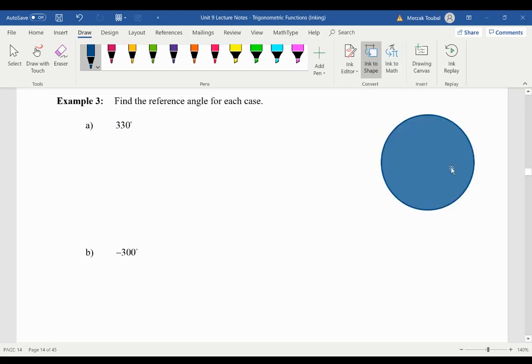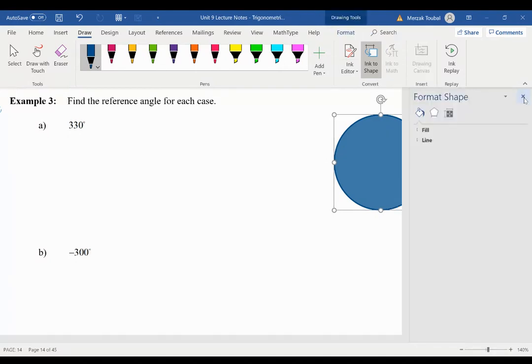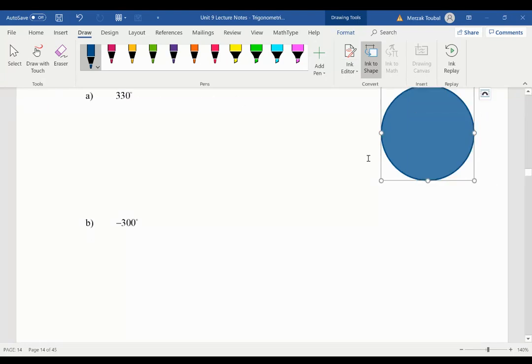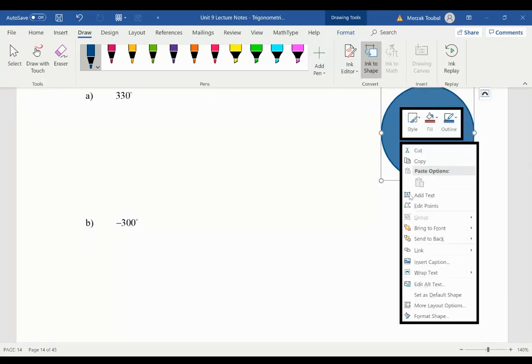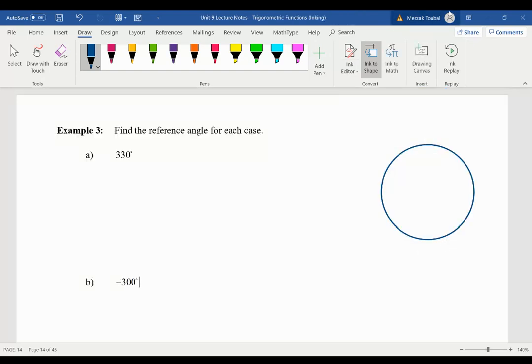Okay, that's much better. So 330 degrees.